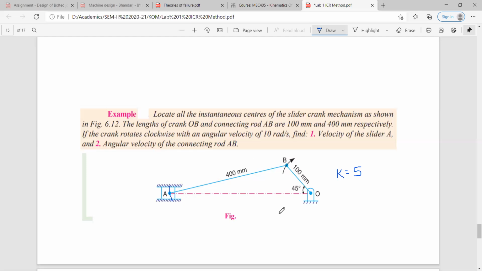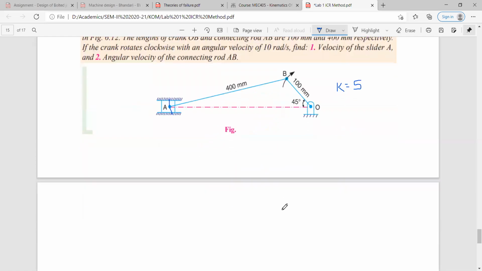Okay, so first I want all of you to draw this diagram, which is called the configuration diagram. Okay, so I will tell you where to draw it. It is your drawing paper. You keep your configuration diagram at the bottom right corner here.